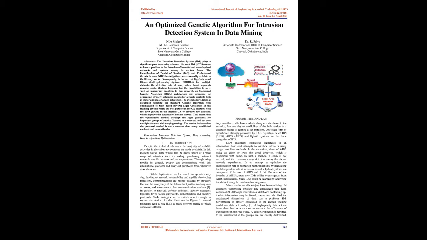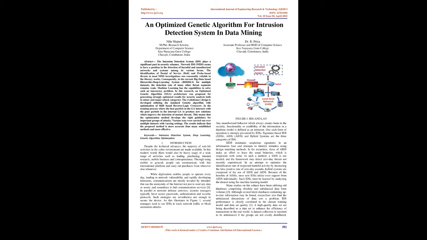Introduction. Despite the technical advances, the majority of real-life activities in the cyber environment are made available. In this modern world, there is heavy usage of a wide range of activities such as trading, purchasing, internet research, mobile business and correspondence. Through using mobile in general, people can communicate with this international platform and carry out purchases from wherever and whenever.